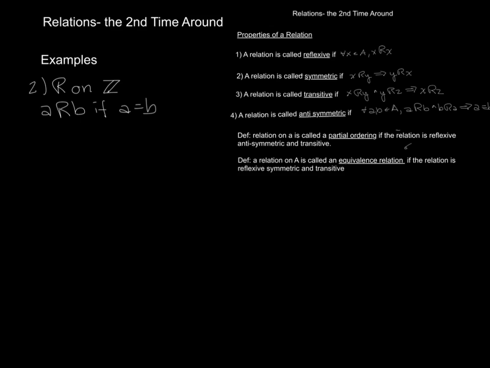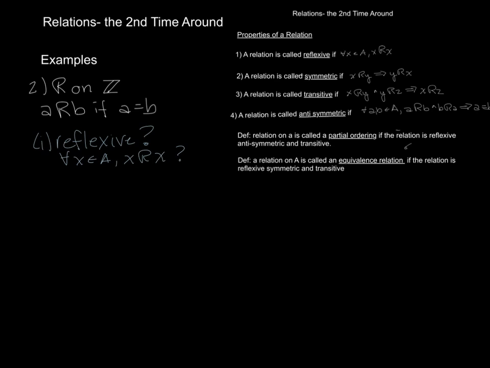Our next example, we'll look at a relation on Z. a is related to b if a is equal to b. So first we'll consider if this relation is reflexive. Again, we'll put a question mark. We want to know if it's reflexive: for all x in A, is x related to itself?